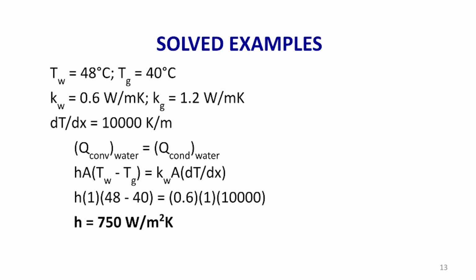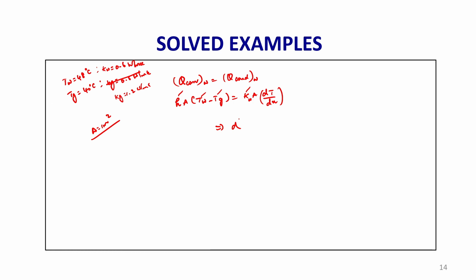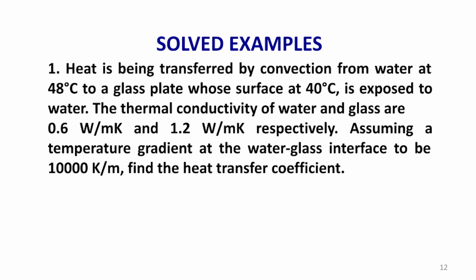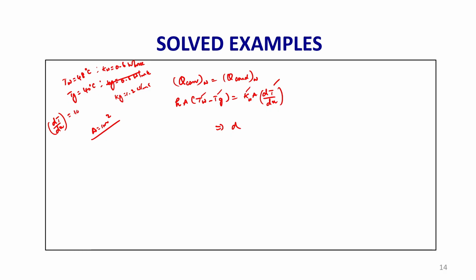The heat transfer coefficient is not given, this we have to find out. dt by dx, that is the gradient, is given. This is dt by dx, 10,000 Kelvin for every meter.